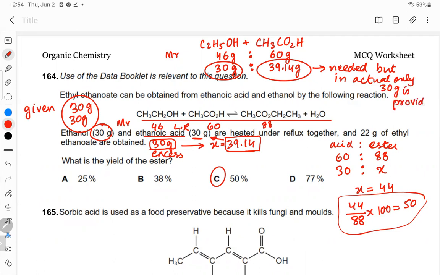And on the basis of that, what we can conclude is that it is an excess reagent. And if it's an excess reagent, we cannot use the 30 gram of that excess reagent for the further calculation. That's why I use and take the ratio of ester with the acid. Now, is it understandable?